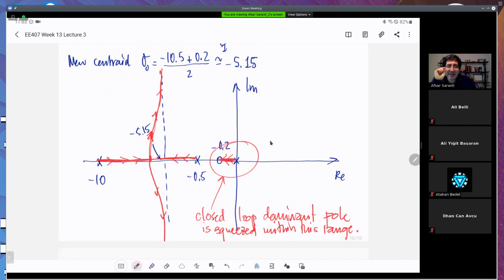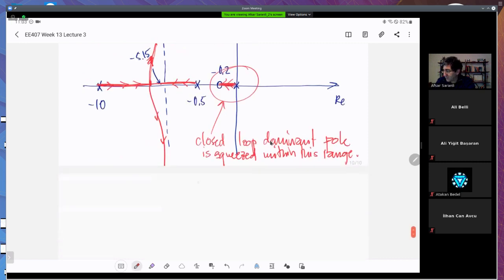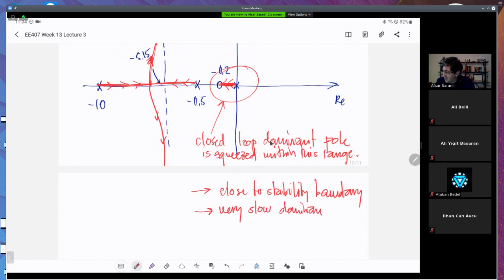Remember, a very small magnitude pole close to the j-omega axis means a very slow exponential in the overall response. Okay, so two results here: close to stability boundary and very slow dominant response.